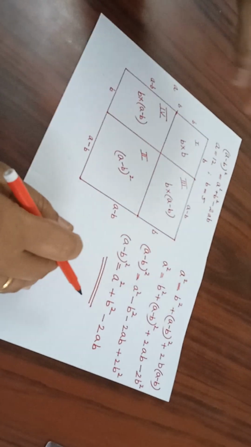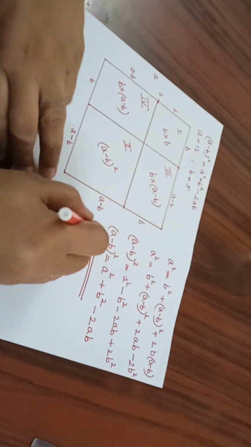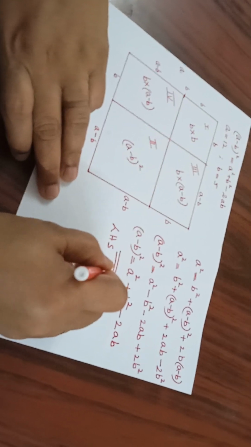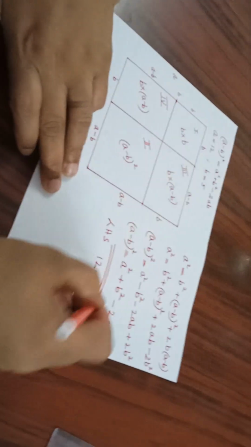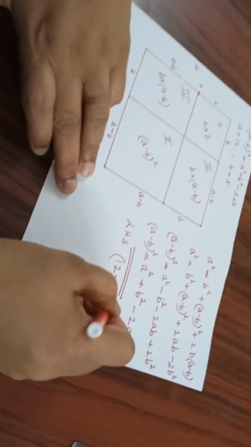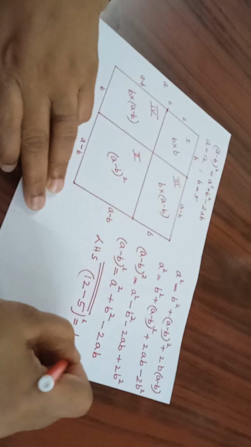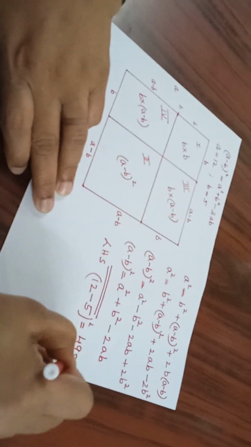If you want, we can apply these a and b values and check it. Take the left hand side first. The value we have chosen for a is 12 and for b is 5, right? So (12 minus 5) the whole square: 12 minus 5 is 7, and 7 square is 49 square units. That is the value of (a minus b) the whole square.